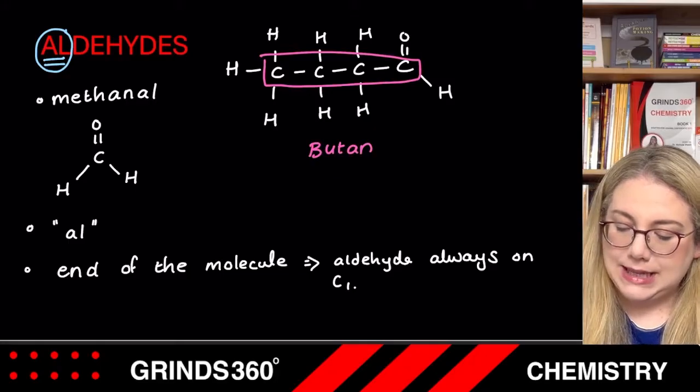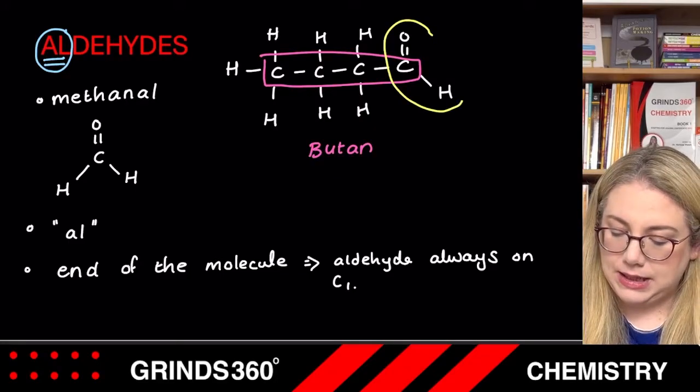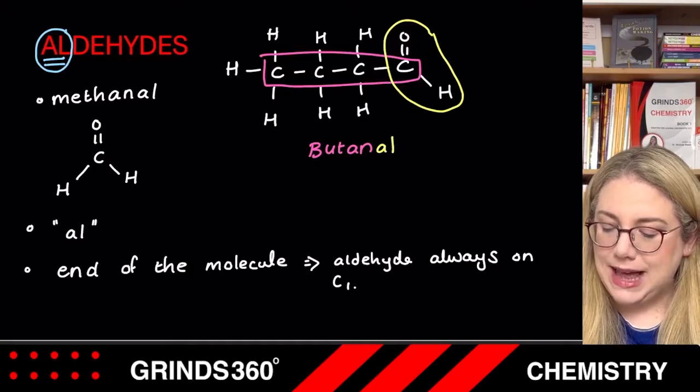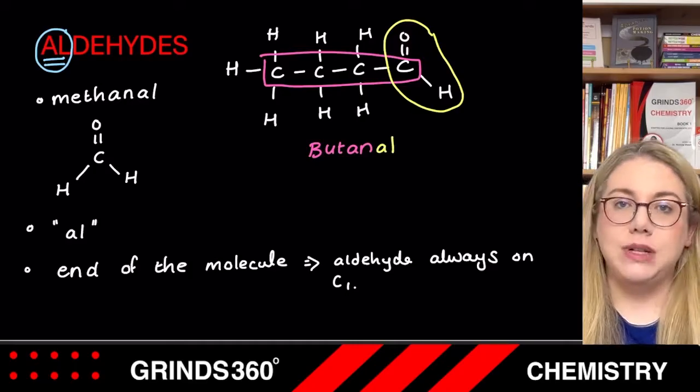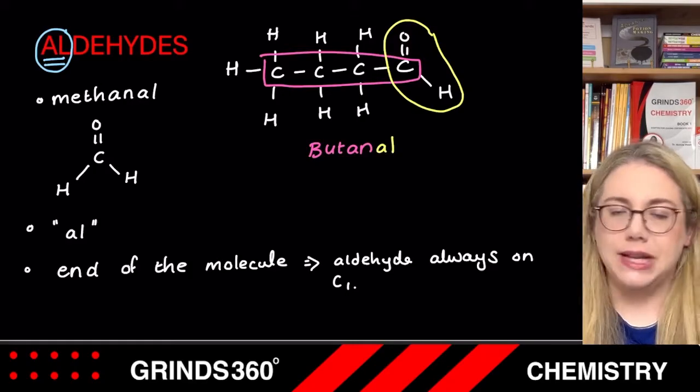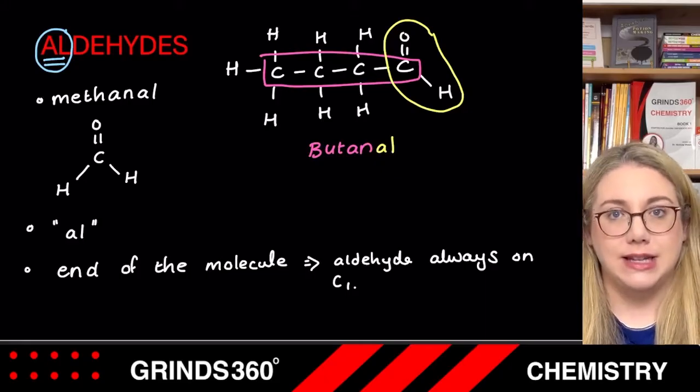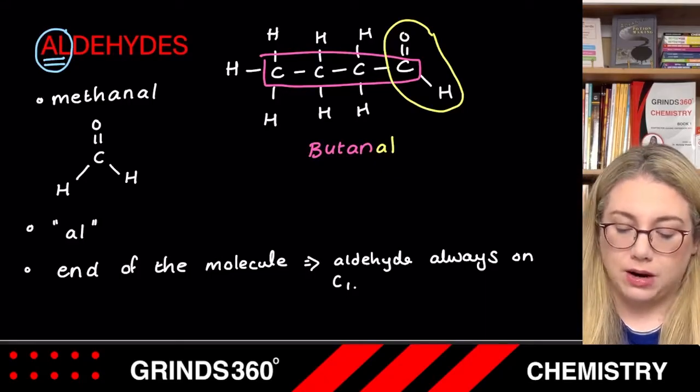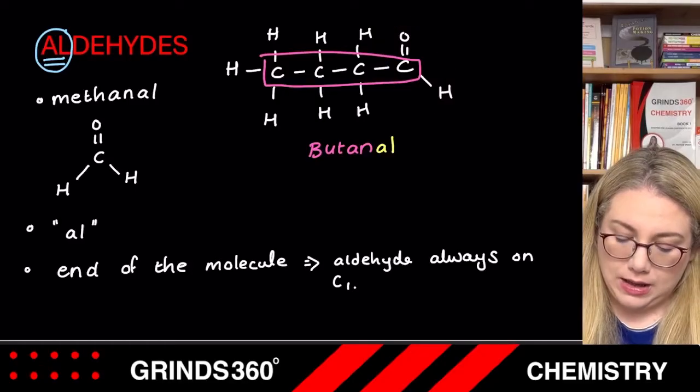The family, it's an aldehyde because of this bit here. So it's butanal. Now, again, you don't have to say butan-1-al. It's not necessary because the aldehyde is the functional group and that's always going to be carbon number 1.